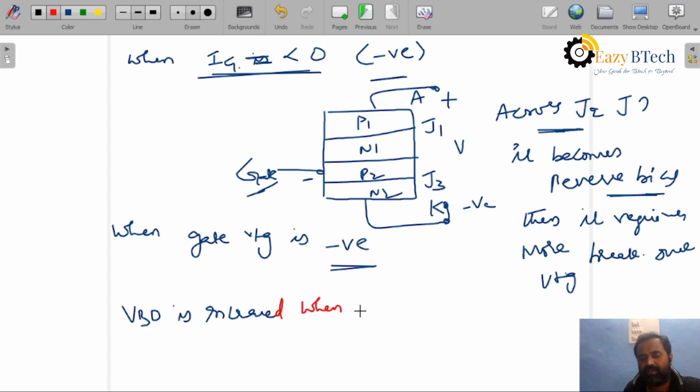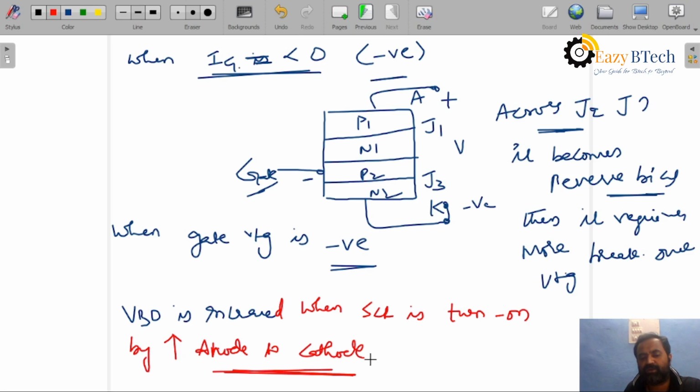When the SCR is turned on by increasing the anode to cathode voltage, the SCR is completely turned on.